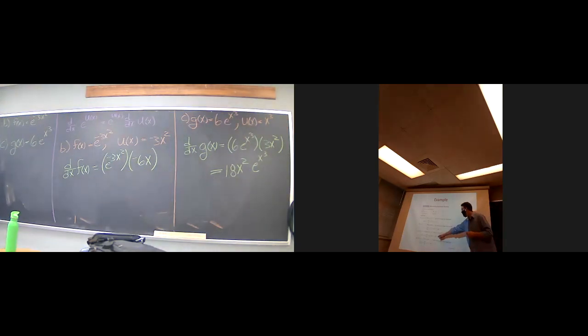Reducing all of this, we're going to get 18x squared times e to the x cubed. Comparing answers, same exact thing. Yeah?